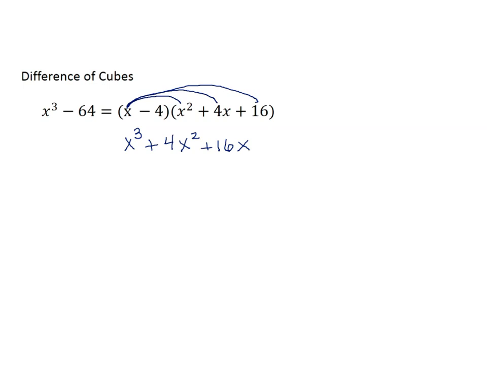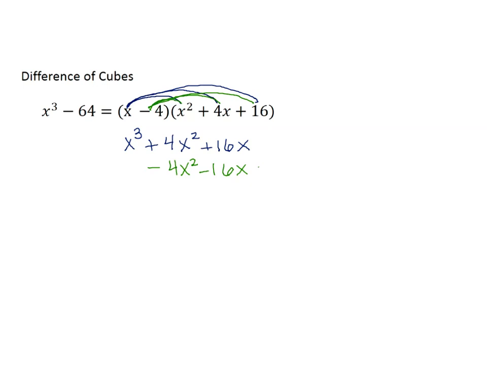Now I'm going to take the second term in that binomial that's out in front, and distribute that. So now I'm going to distribute the negative 4. Negative 4 times x squared gives me negative 4x squared. Negative 4 times a positive 4x gives me negative 16x.